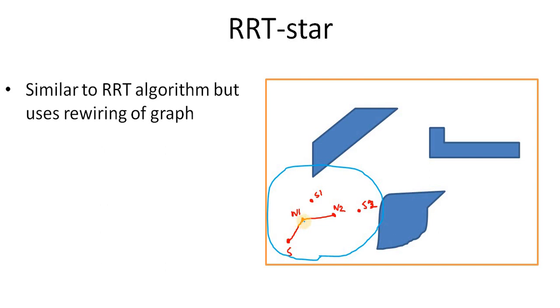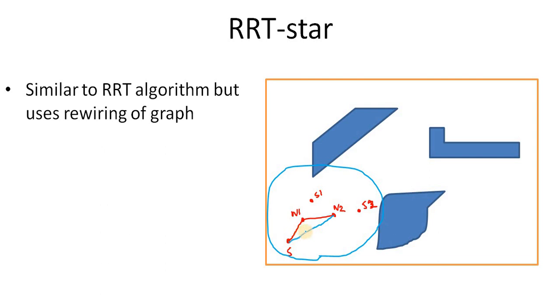It can minimize the distance. It has found node S, and it knows that going from N2 to S is shorter than going from N2 to N1 and then N1 to S.